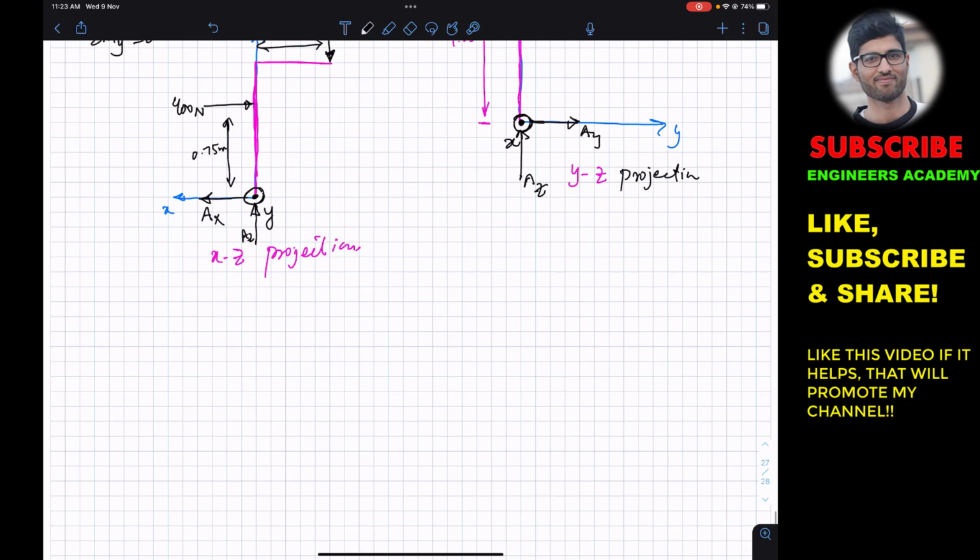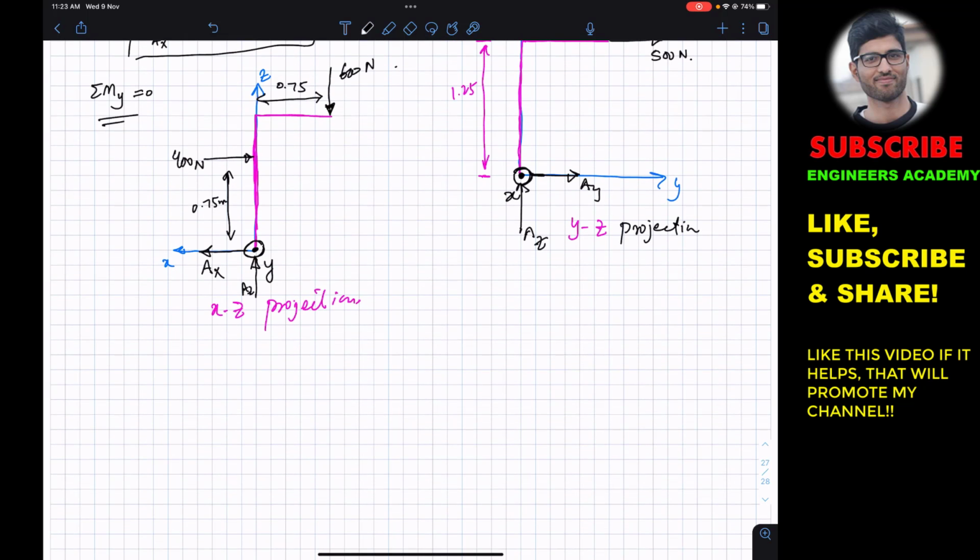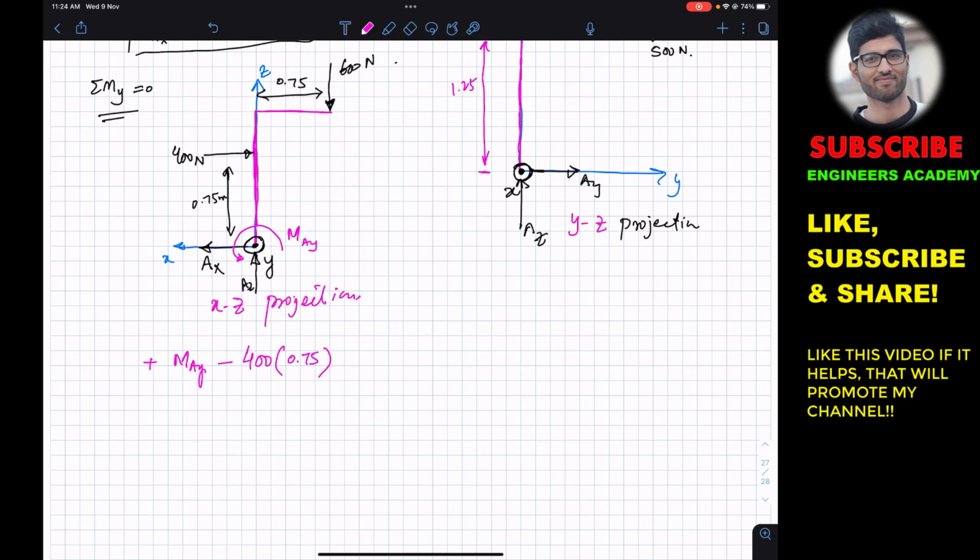So now we can write that the summation of moment about y is equal to 0, and we can say that about the y-axis we have the couple reaction, which is MAY. So I will write plus MAY, and then this 400 Newton force is producing a clockwise moment, so we will write minus 400, and the perpendicular distance of this 400 Newton force from the y-axis is this distance, which is 0.75, and this 600 Newton force is producing a clockwise moment, so we will write minus, and the moment arm of this 600 Newton force is 0.75.